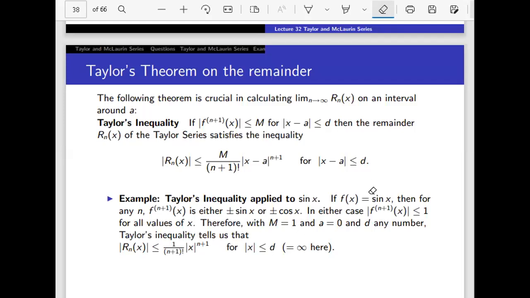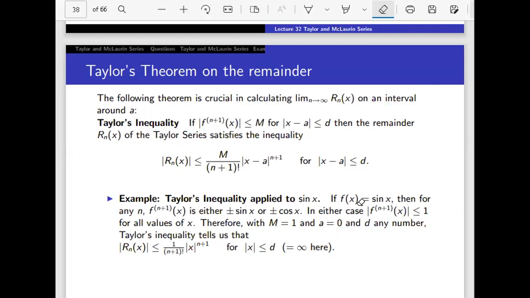These four functions are bounded by plus 1 and minus 1.